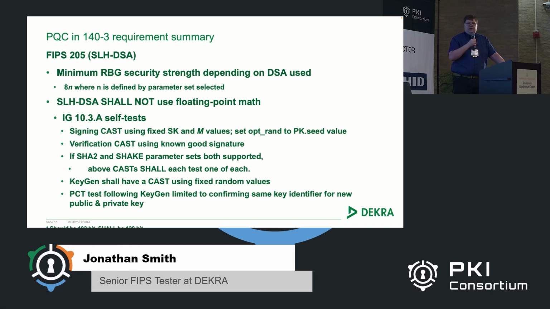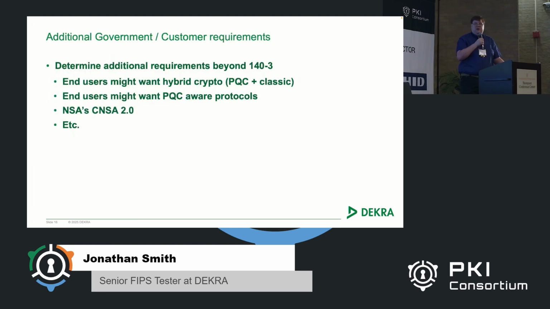Do a keygen self-test, and then the pairwise test, like the other hash-based one, is limited to just making sure the same key identifier exists in both. So it's a simpler, lighter weight pairwise test. And so that's really the special detailed requirements. Aside from that, they're just another approved algorithm, and you can use them like any other approved algorithm.